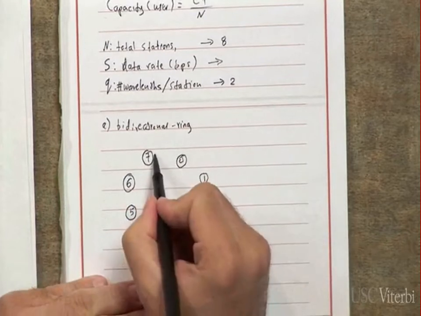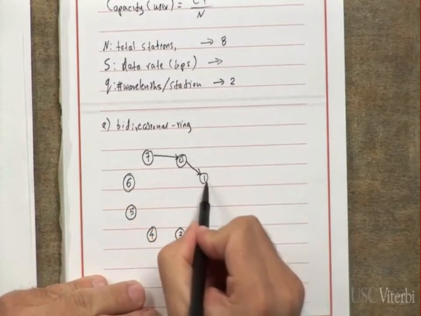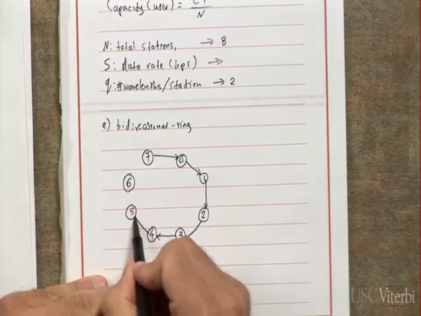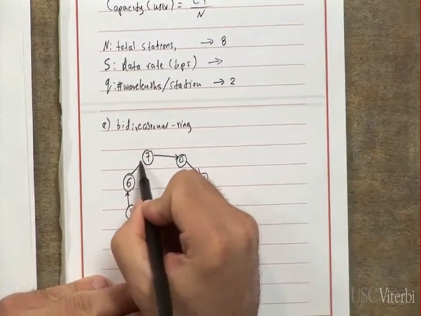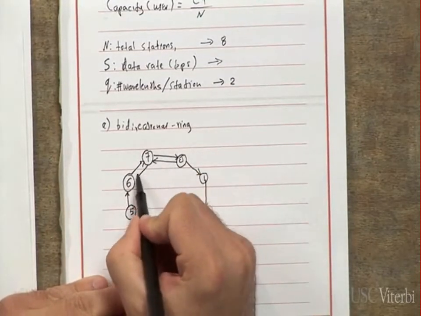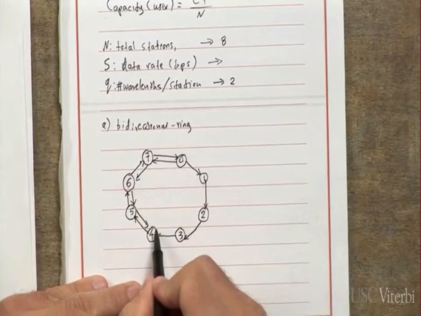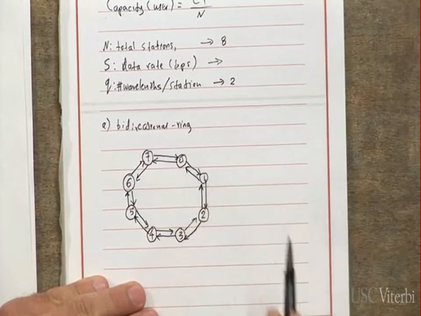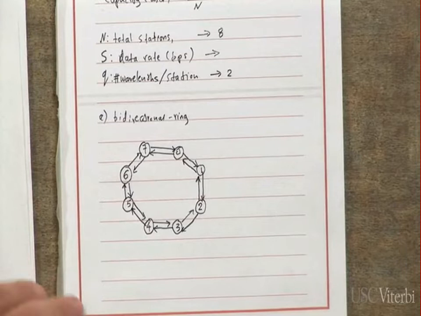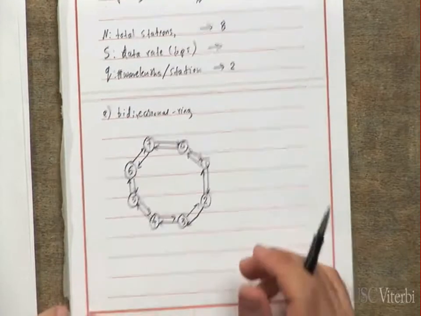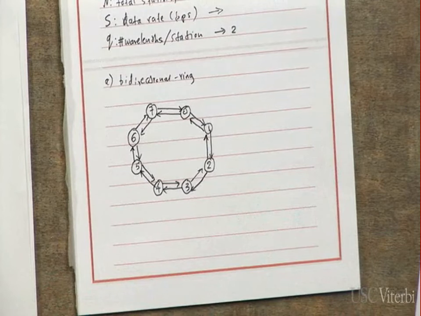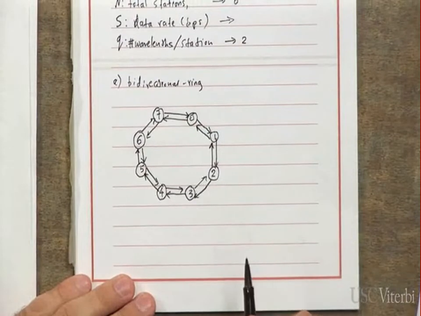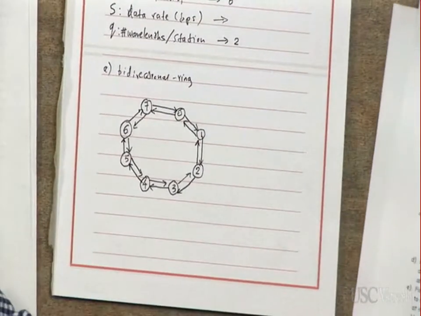Now, we have bidirectional connectivity, so we have all the arrows here, and the other way around. Okay? Now, sketch the network connections between nodes. That's A. And we will do the next one for the 8-node perfect shuffle shortly.